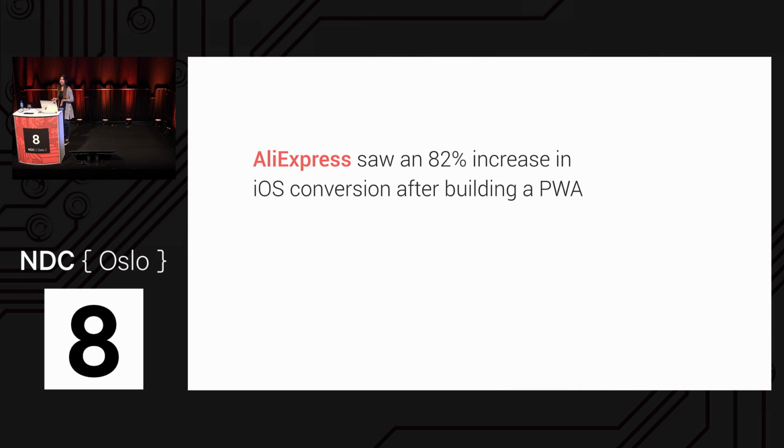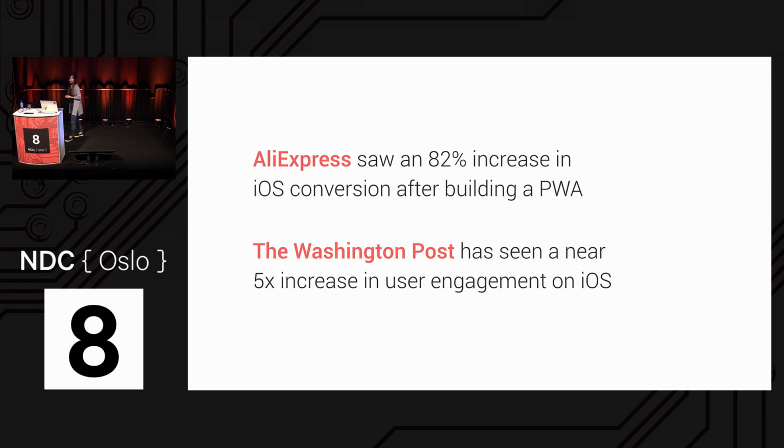So despite the fact that iOS doesn't yet support progressive web apps, there are lots of brands and companies that have a lot of great improvements in iOS. For example, AliExpress saw an 82% increase in iOS conversion. And the Washington Post has seen a near 5 times increase in user engagement on iOS.